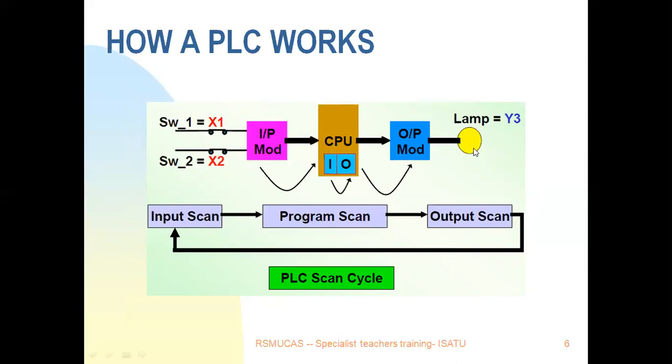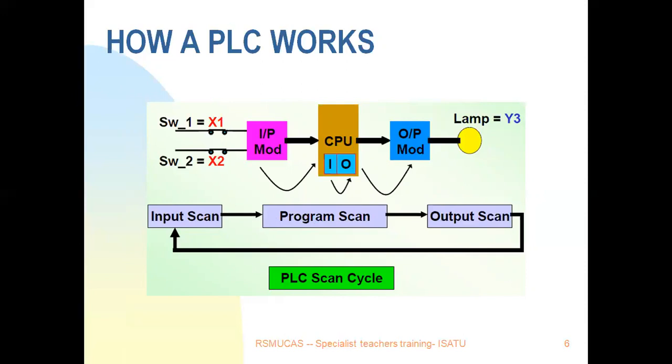Actually, you know how it works. A PLC checks first the input. It scans the input, then passes the program to your CPU. So your CPU, what we call here, we have what we call the program scan. A program scan scans the program you have loaded to your PLC.